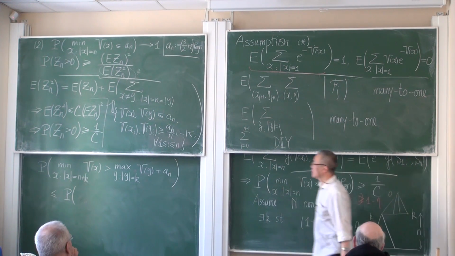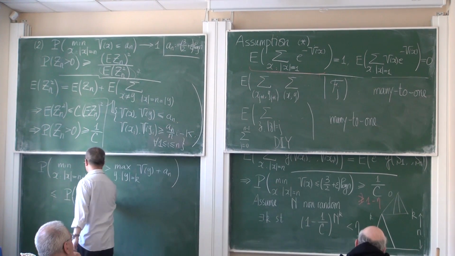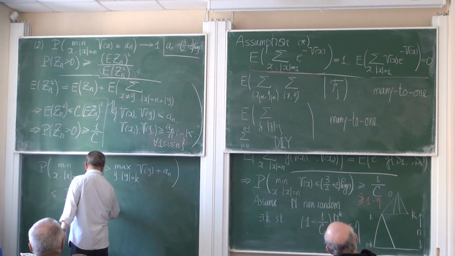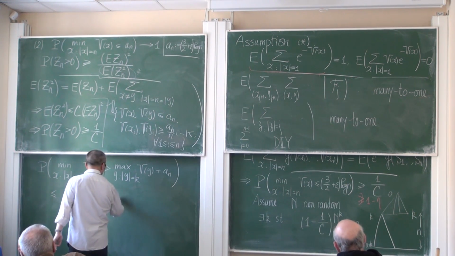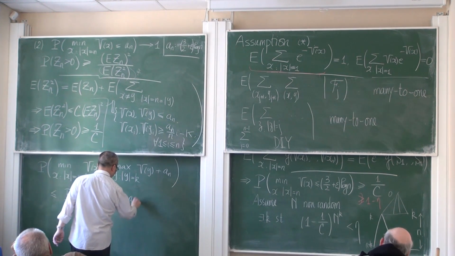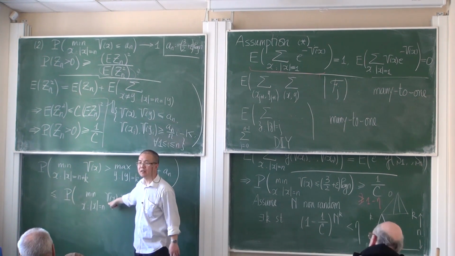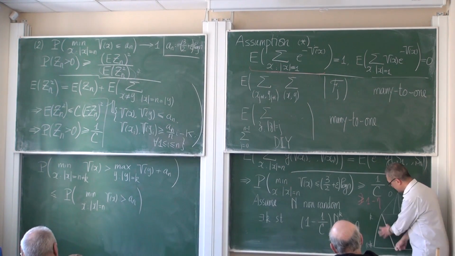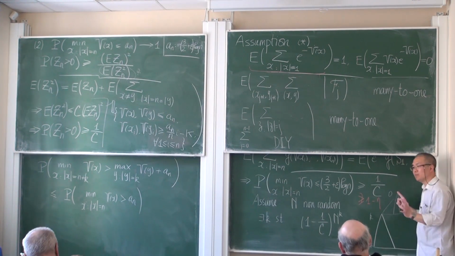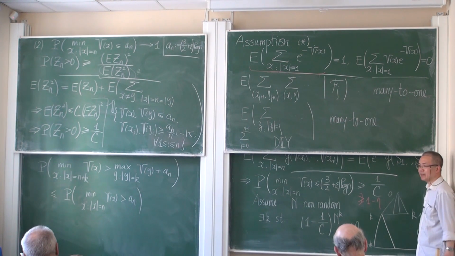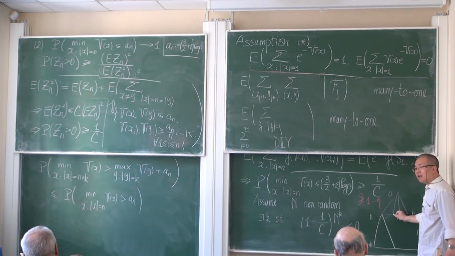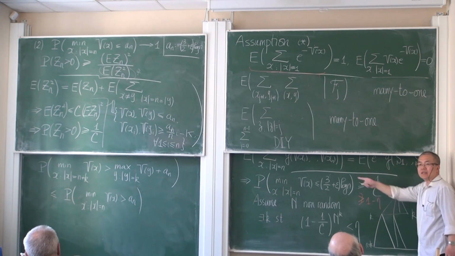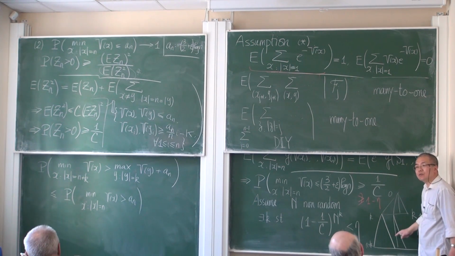Yes? So this will give: smaller than the probability that the minimum position in the nth generation of V is greater than a_n. Well, actually, this V is not the original branching random walk, but rather the branching random walk associated with this subtree, right? But it's the same probability. And of course, if I consider this subtree, again, the same inequality is still true, yes?